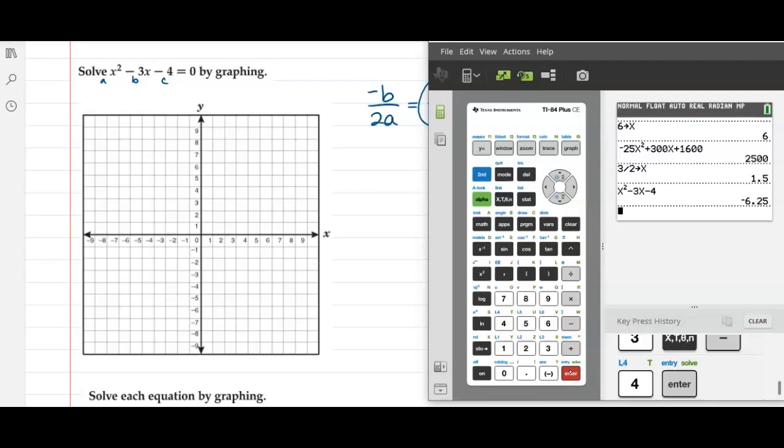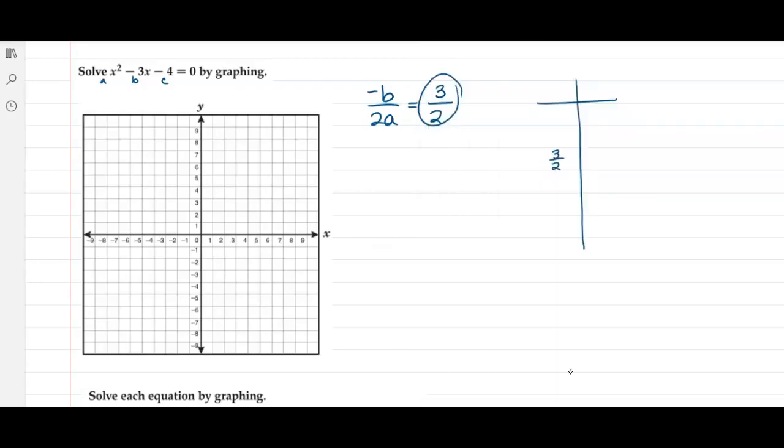Negative 6.25. So 3/2 results in negative 6.25. 1.5 means go down 6 1/4. Not the easiest point to plot, but we can get some other nice points on our graph.